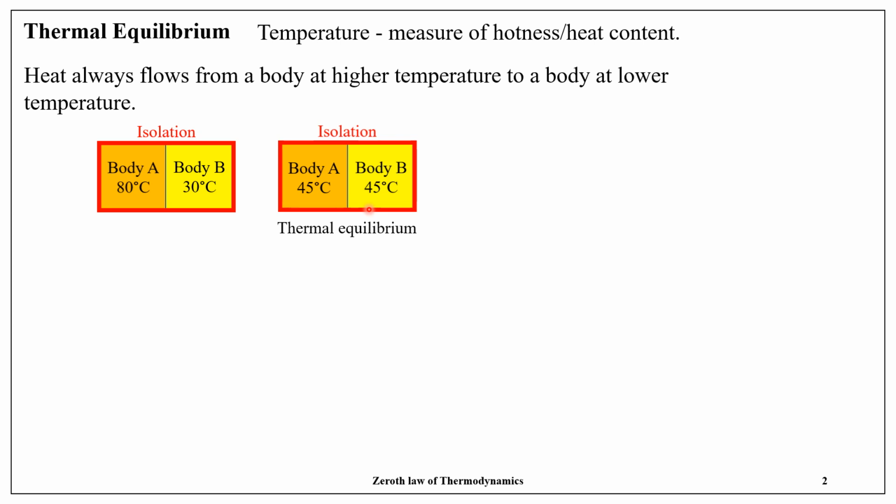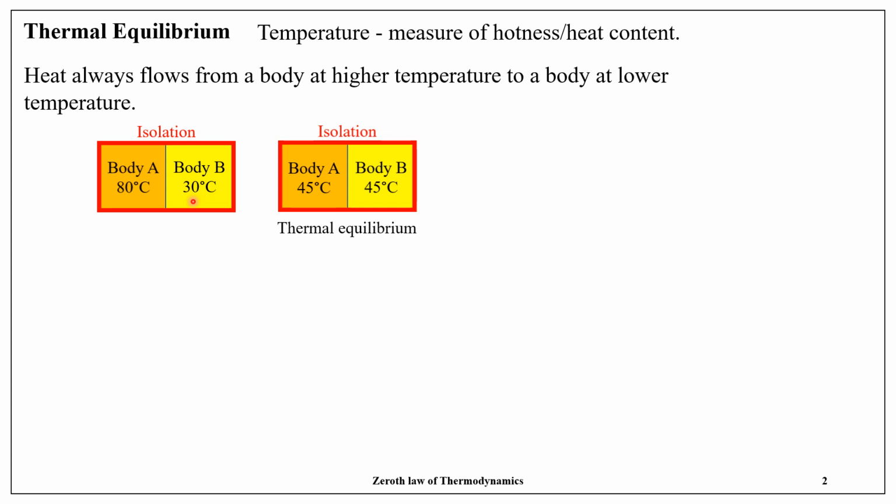Driving force is 0 and hence no heat transfer between body A and B when thermal equilibrium is reached. But initially, the driving force is 80 degrees Celsius minus 30 degrees Celsius, and hence heat is transferred from body A to body B.